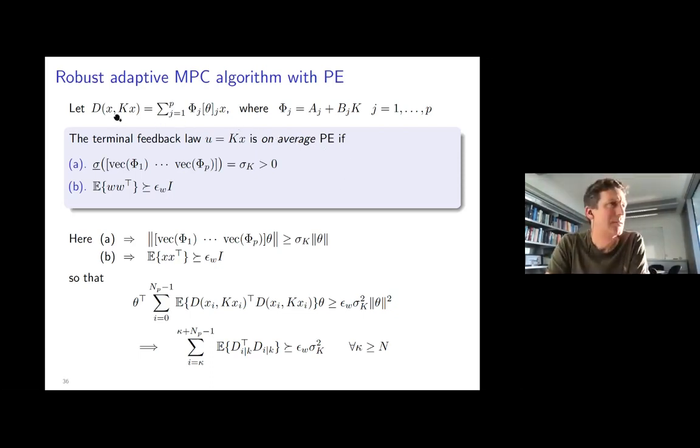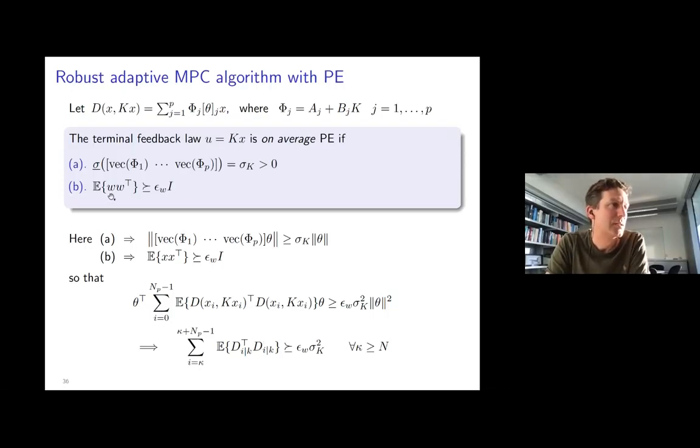So the idea here is that if we apply this linear terminal feedback law, then because the regressor is a linear function of the states, we can get a bound on the persistence of excitation measure.